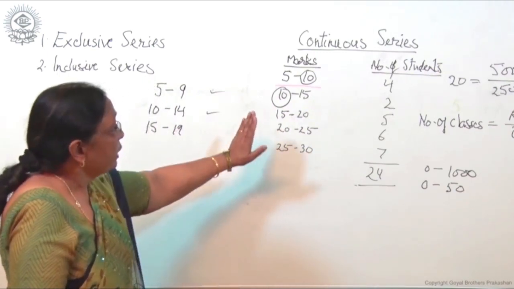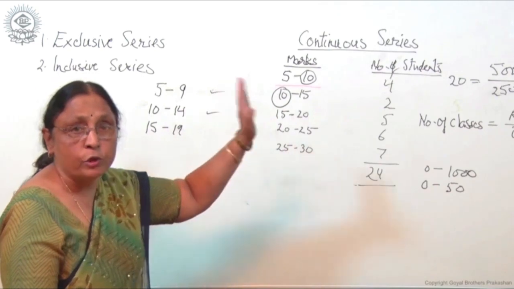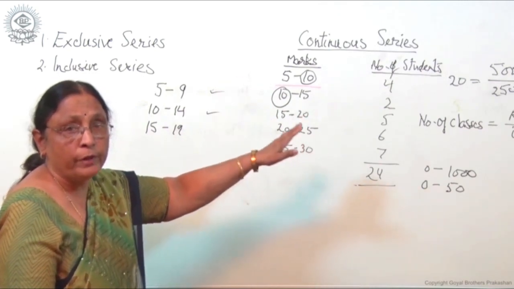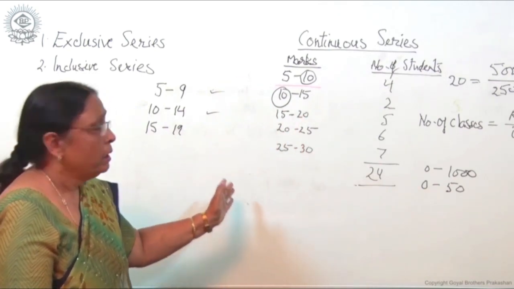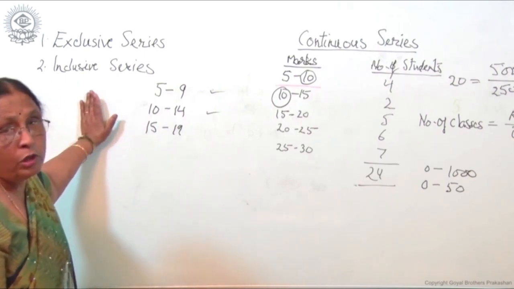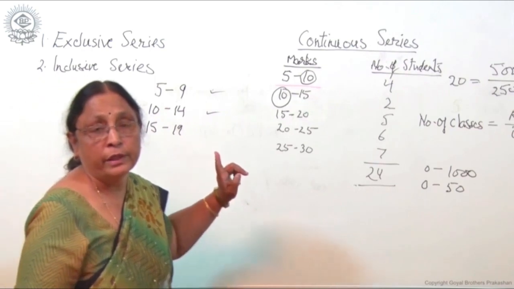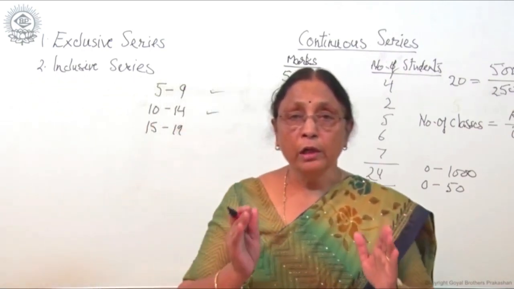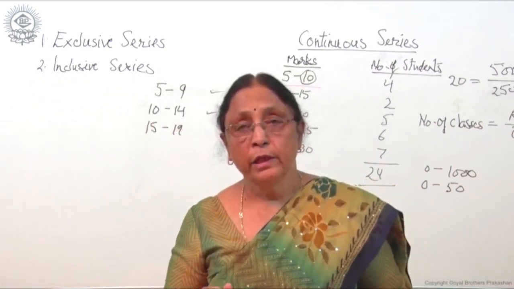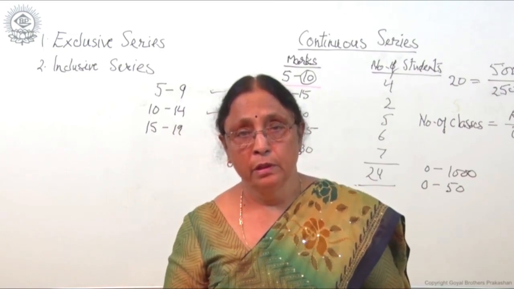So in the exclusive series, we exclude the upper limit and include it in the next lower limit, and in the inclusive series all the items are included in a particular class. Nothing is excluded, all are included, as the word says, inclusive series.